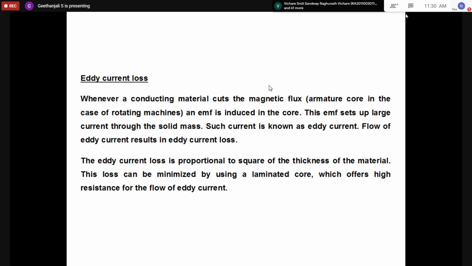Next, eddy current loss. So we have seen the hysteresis loss, right? The hysteresis loss will be reduced in the magnetic material by choosing the material which has a high relative permeability. Next one is the eddy current loss.